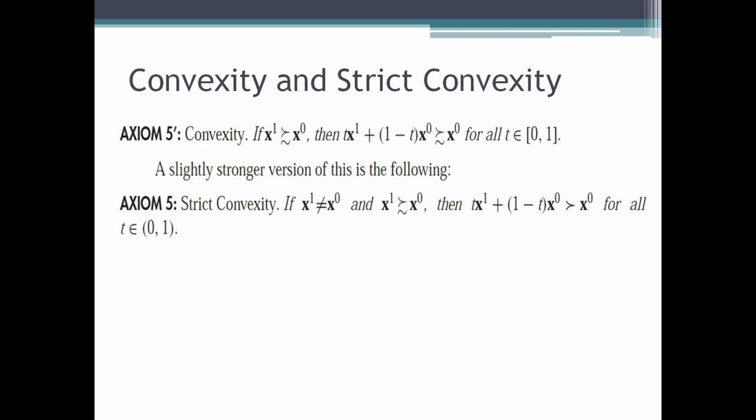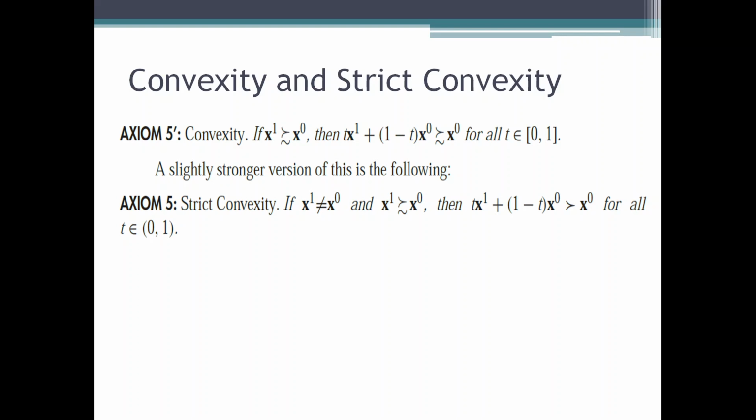We will just make this axiom slightly stronger. So strict convexity says that if x1 is not equal to x naught and x1 is at least as preferred as x naught, what can we say about this?